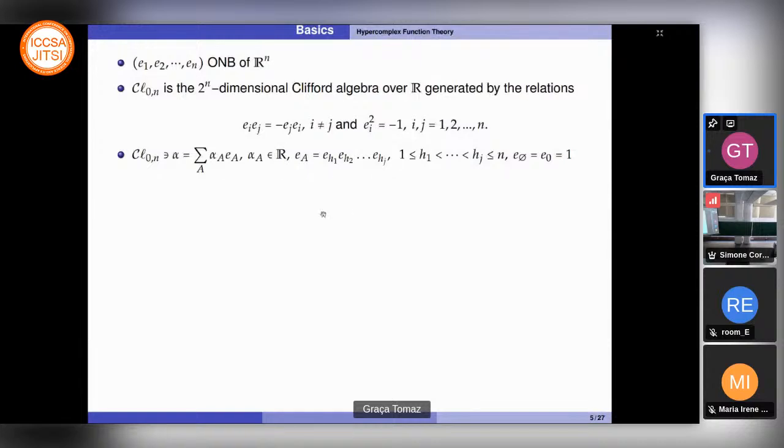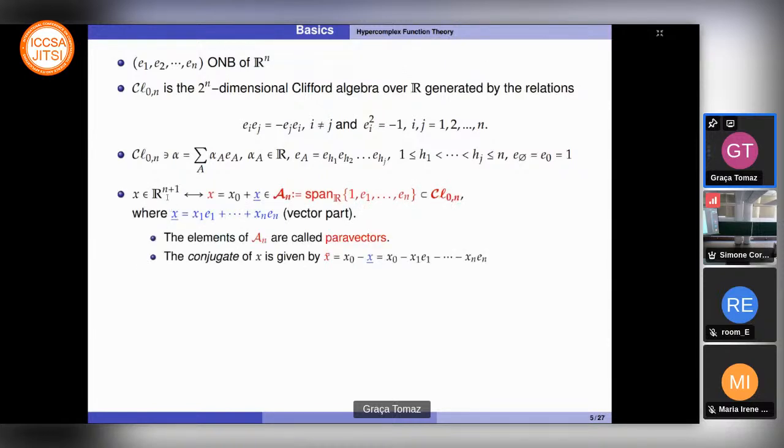Now I will recall some basics of hypercomplex function theory. We use an orthonormal basis of R^n. Cl is the 2^n-dimensional Clifford algebra over R generated by these multiplication rules. An element of Cl is of this form, where alpha_A is a real number and e_A are products of the elements of the basis.